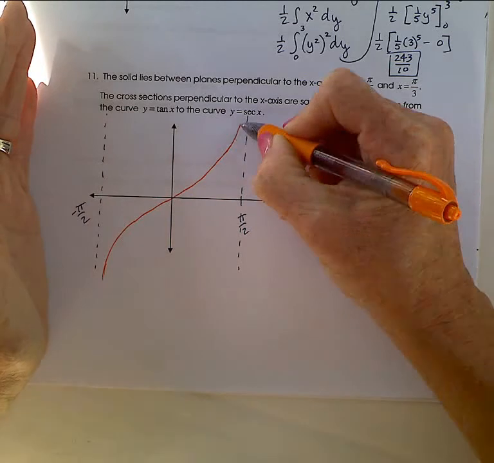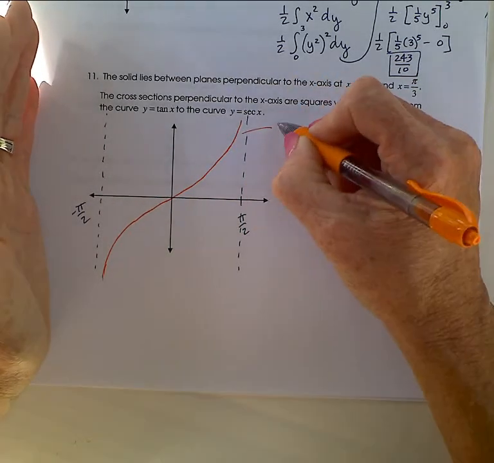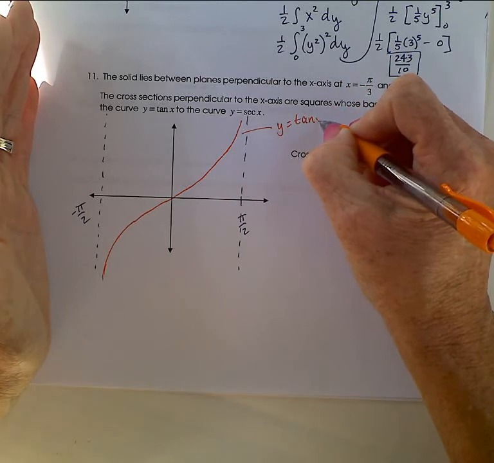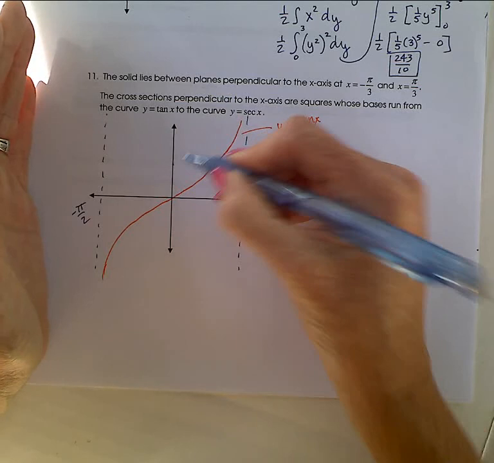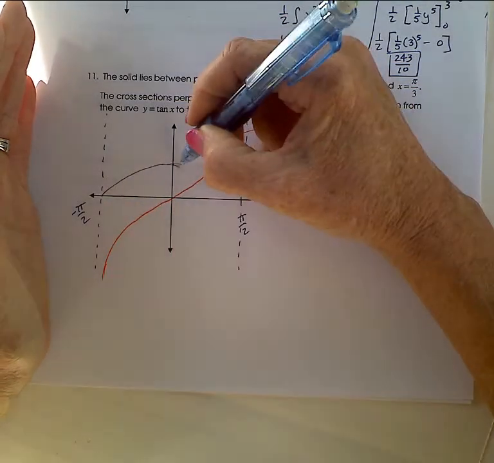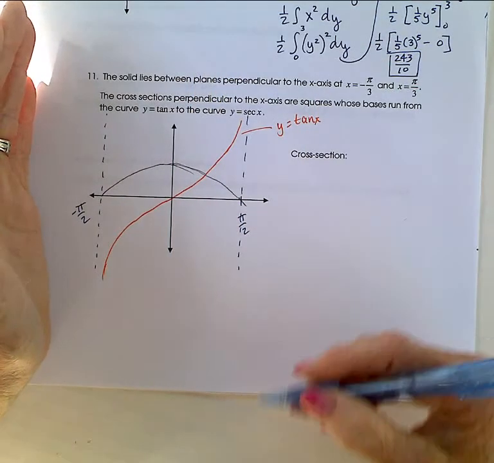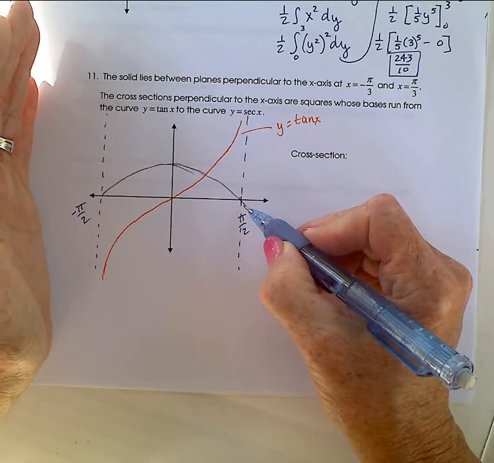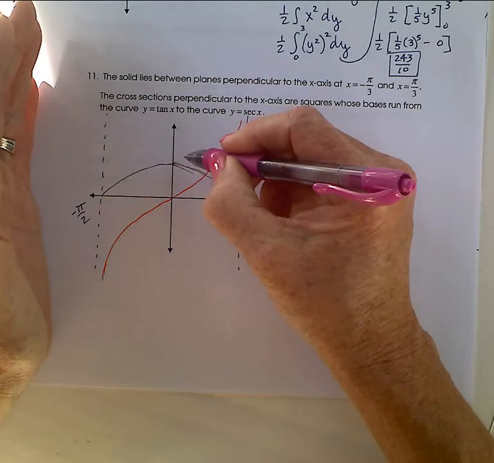does that. Here's y equals tangent x. Y equals cosine. I'm going to erase this in a minute. There's y equals cosine x, just between negative pi over 2 and pi over 2. But we want secant, and secant's the reciprocal.